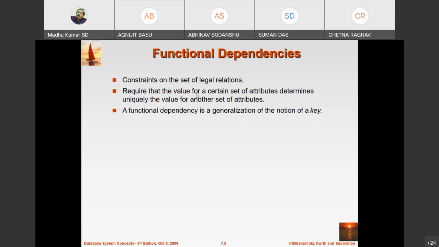Ajwad, can you give an example for the second bullet? That is, FD is something where a certain set of attributes determines uniquely the value of another set of attributes. Can you give any example from any application, say from the student table?